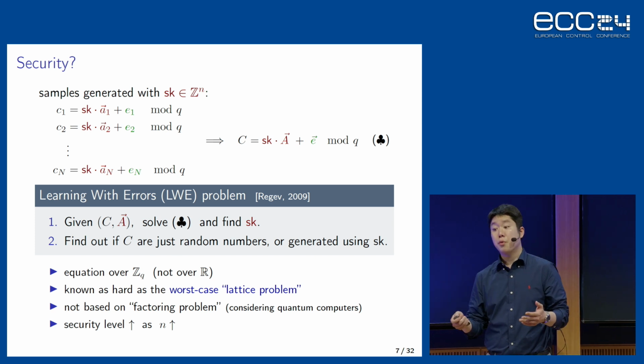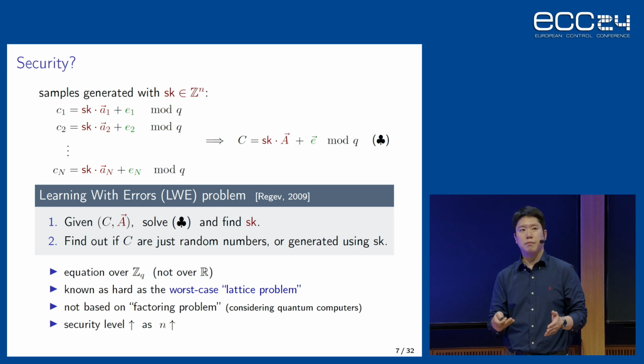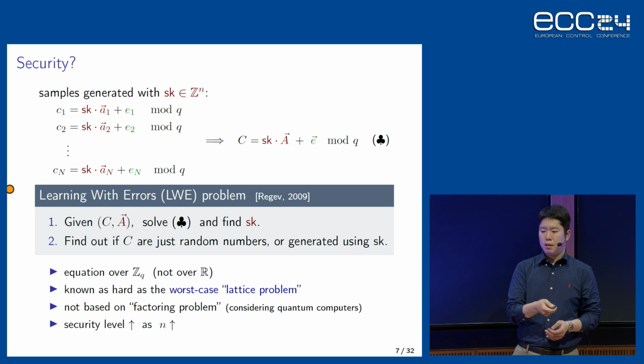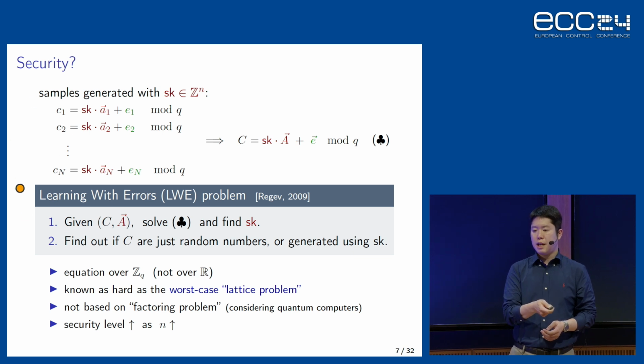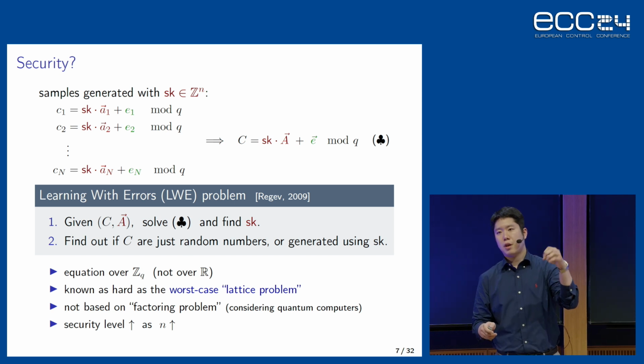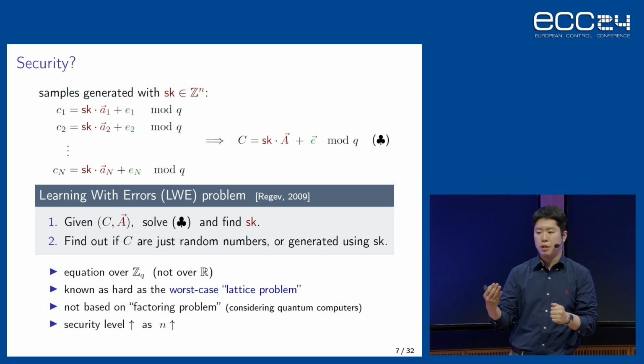But it is really known that, given this information of ciphertext and the random numbers, solving this equation and learning the information of the secret key is hard. And moreover, given the set of encrypted numbers, figuring out if these encrypted numbers are just random numbers or generated using the secret key is also hard.